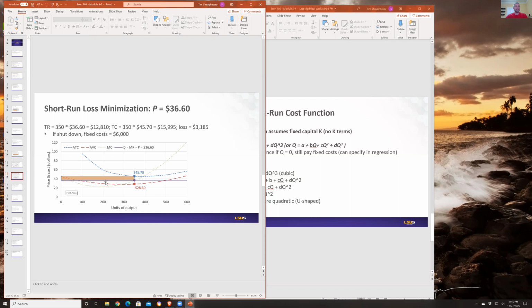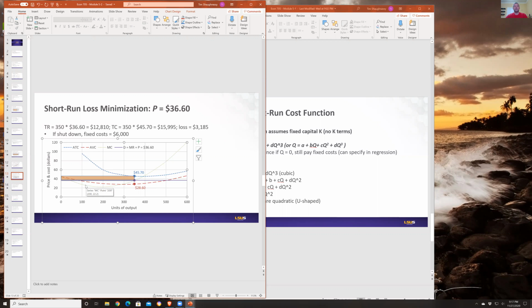You could keep playing with it and say, well, what if the price was below the minimum point of average variable cost here? Like if the price was $21, I don't know, the marginal cost goes up to looks like 22.2. So if you tried a price of 23, let's say, which would be just above the marginal cost, it would certainly be below the average variable cost, because it looks like the minimum point of average variable cost is 28.60.